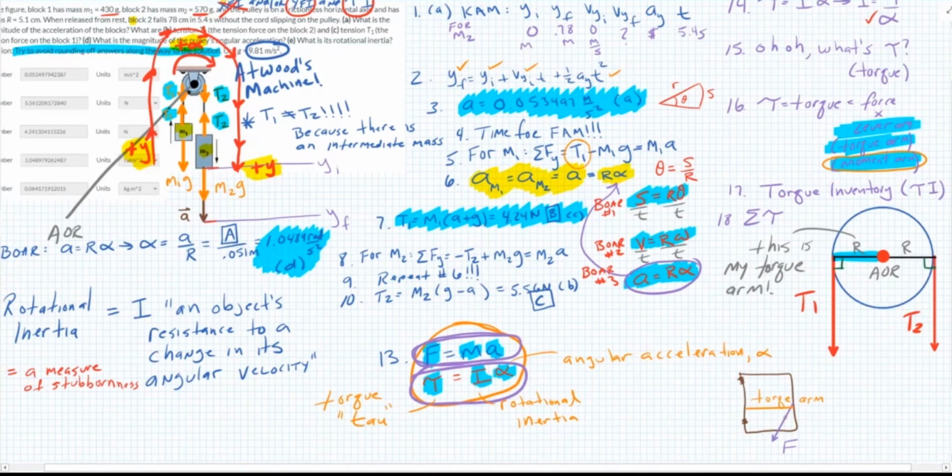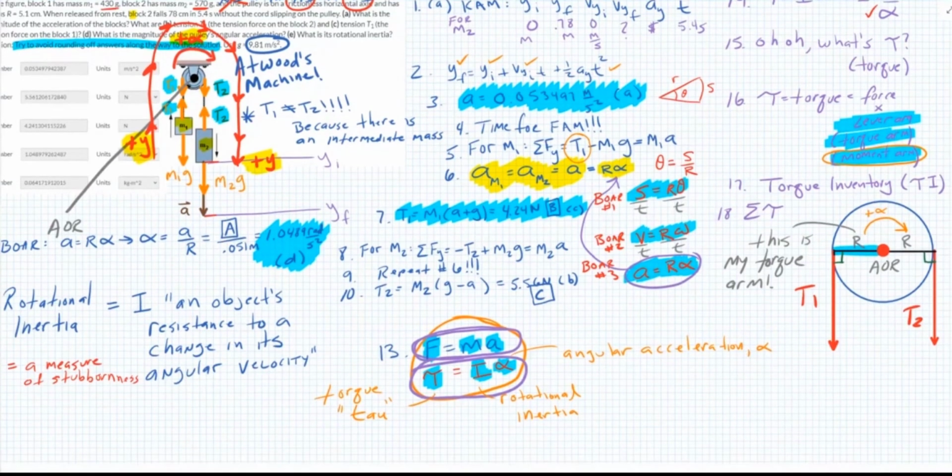Again, I went on record as saying whatever is happening in this direction is going to be positive. So this is positive alpha. All right, now here comes the torque inventory. Let me clear the decks a little bit. The sum of all torques is just F equals MA in the rotational world.